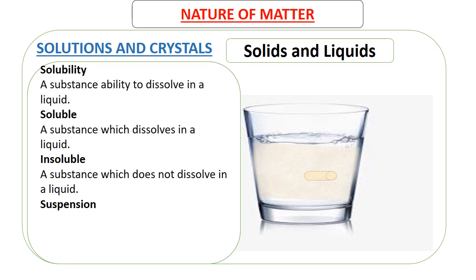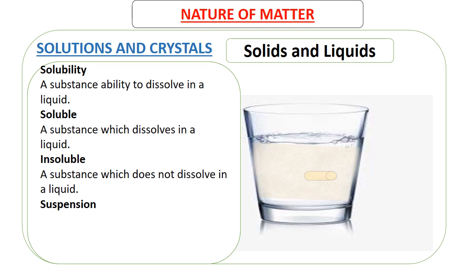When you throw, let's say, meal in water, the water will appear cloudy. Same as when you throw powdered chalk in water, the solution will appear cloudy. Such a mixture is called a suspension.